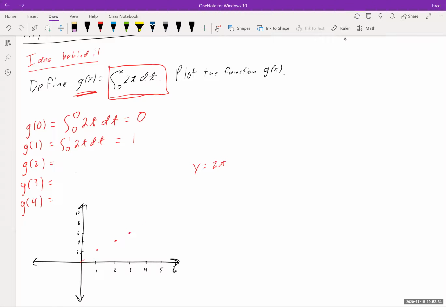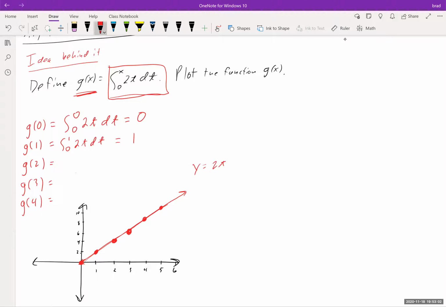I guess I can't draw better. Okay. So we have 0 here, and then we go over 1, up 2, over 2, up 4, over 3, up 6, over 4, up 8, over 5, up 10, okay?